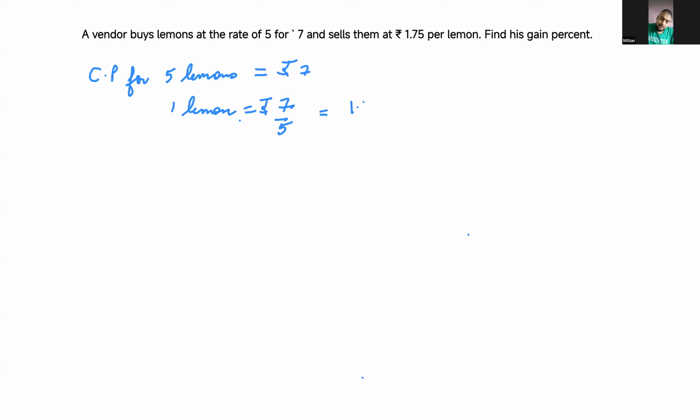So it means that he is buying 1 lemon for 1.4. Now, what is the SP? Selling price is 1.75. So simple. We have to find profit, which is SP minus CP, which will become 1.75 minus 1.4. When you subtract it, you will get the profit. Then you find profit percentage with the help of the formula.